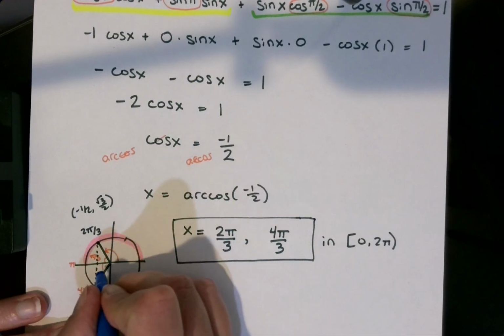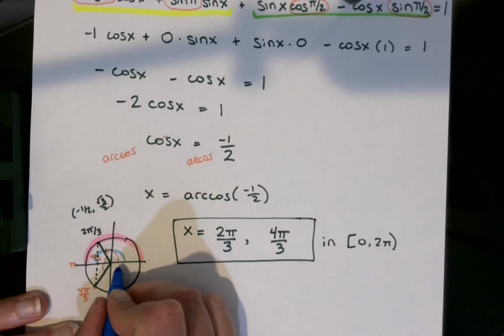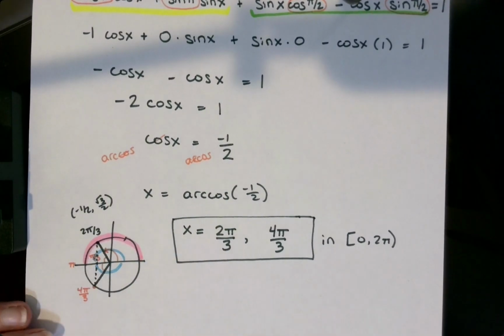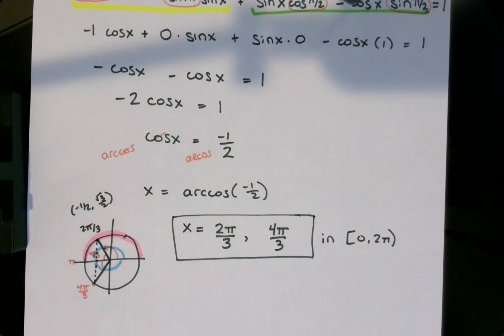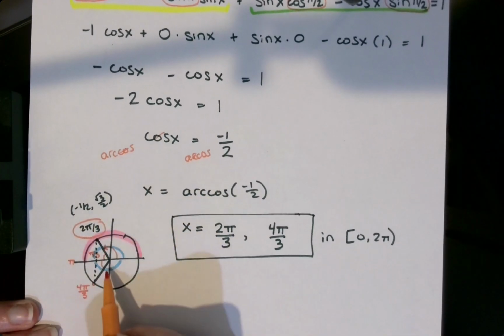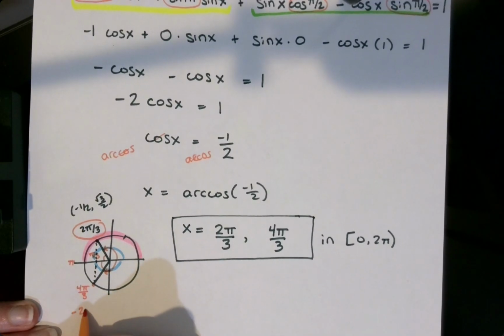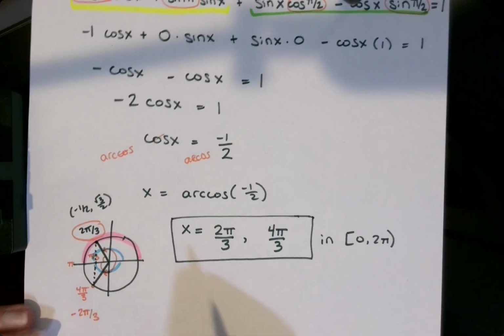Remember that this is pi in this direction, and this is negative pi in this direction. So I actually want the positive orientation for this angle. So this one is still good, but I want the negative orientation for this one. And so this is negative 2 pi over 3.